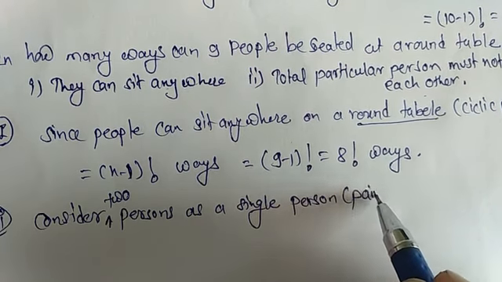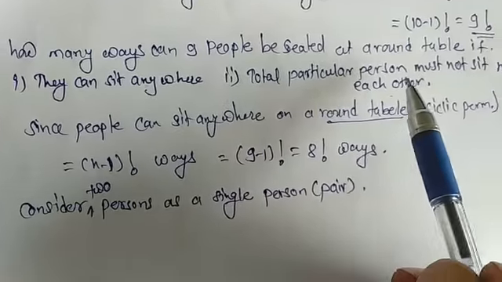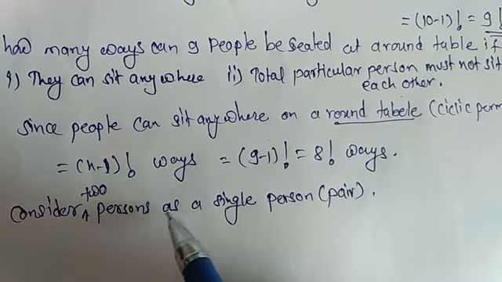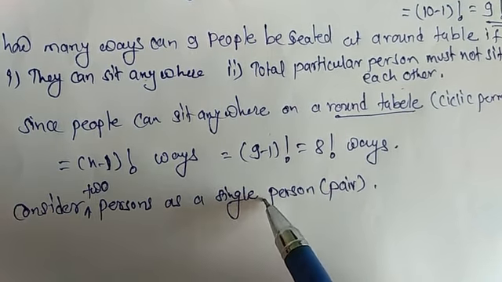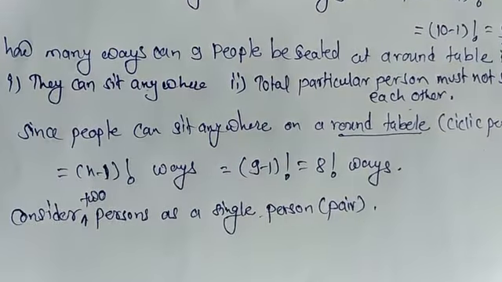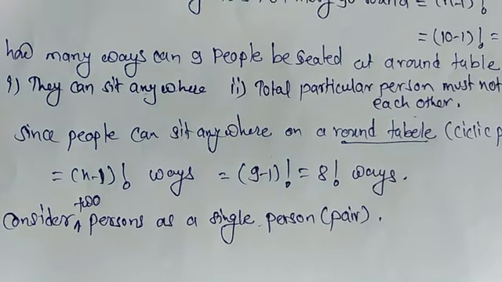Because the question says they will not sit next to each other, we first consider the two persons as a single pair. Then there are 8 persons.